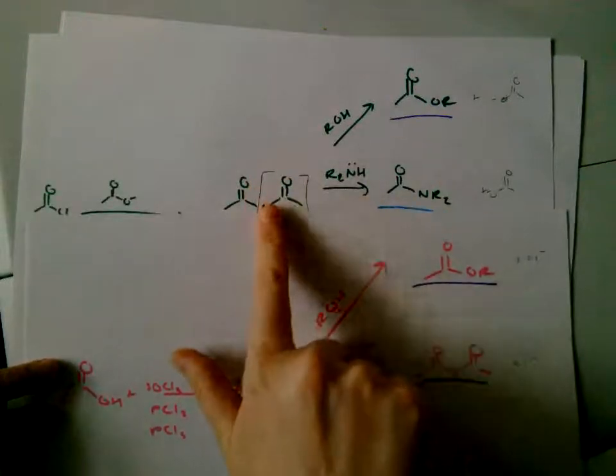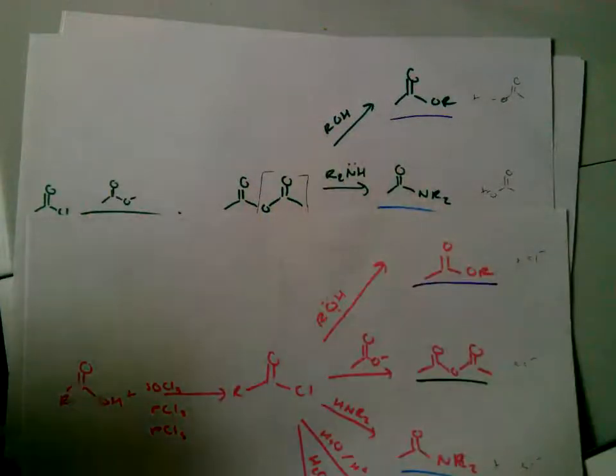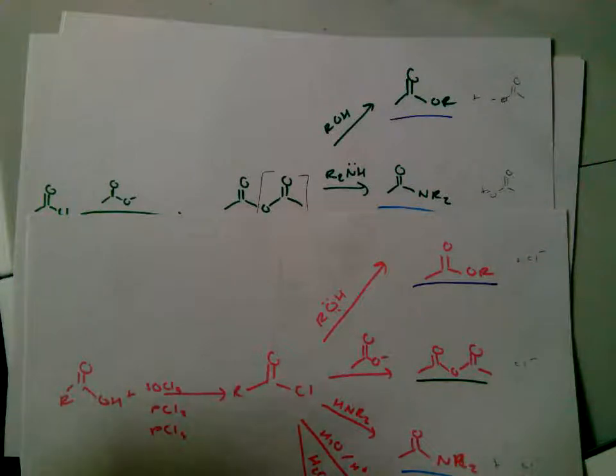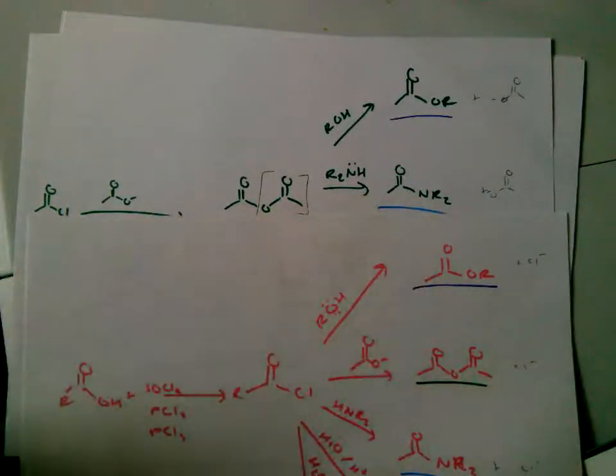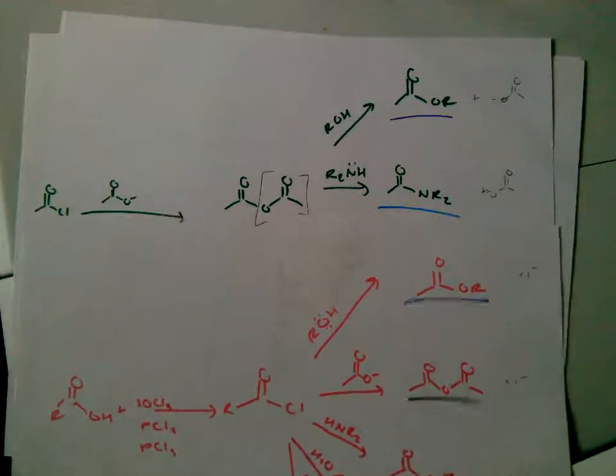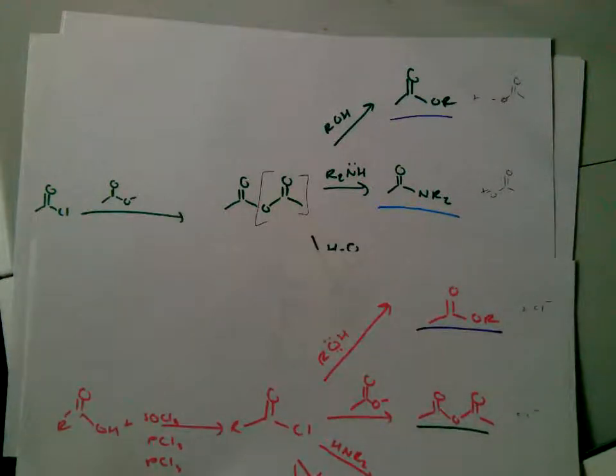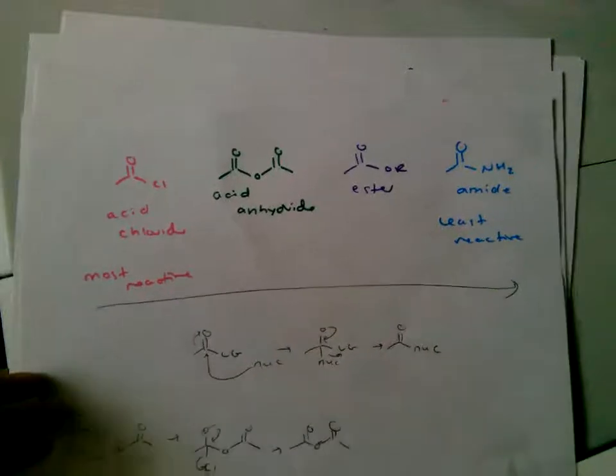We swapped out this leaving group for the OR, and then, again, that has to get deprotonated. Or we used an amine to swap out the leaving group for NH2 or NR2 in both of these cases. So you're using the same nucleophile to swap out for a leaving group. You just have to know that you have to follow this order of reactivity for that reaction to proceed successfully.